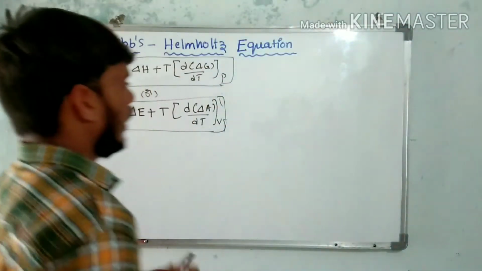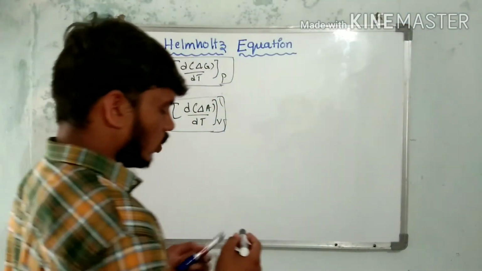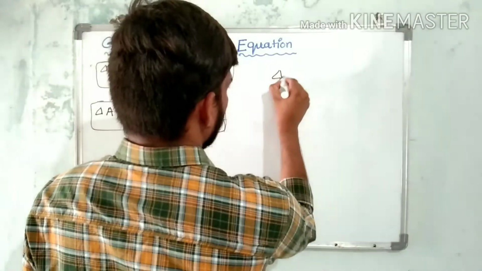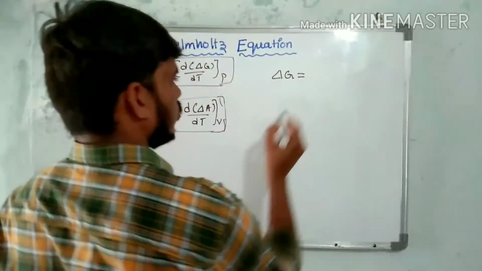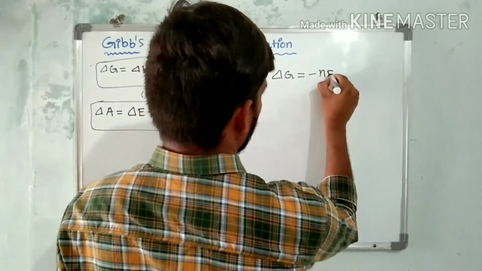Now according to electrochemistry, the change in Gibbs free energy is equal to minus nFE.